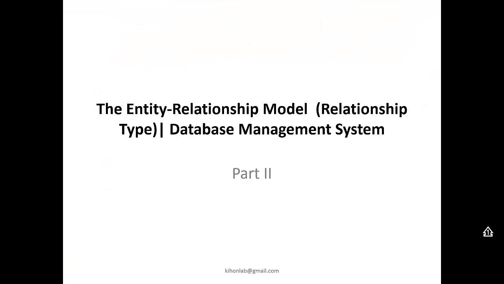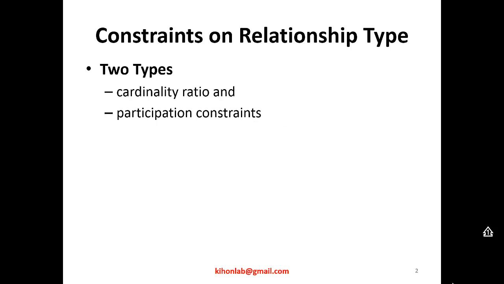In this video, we are going to see the entity relationship model. This is part 2 of the entity relationship model, where we are going to discuss relationship types. These are called constraints on relationship types. Constraints limit some information.